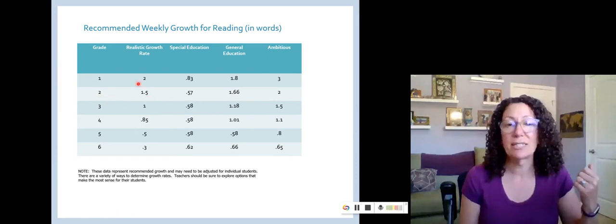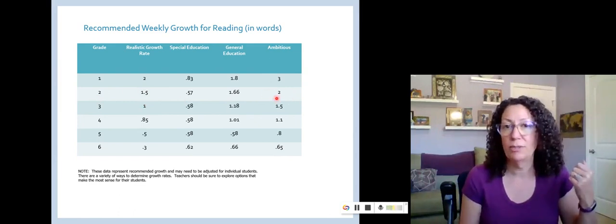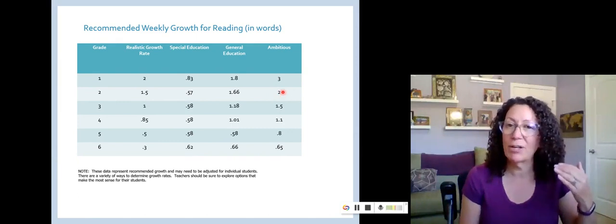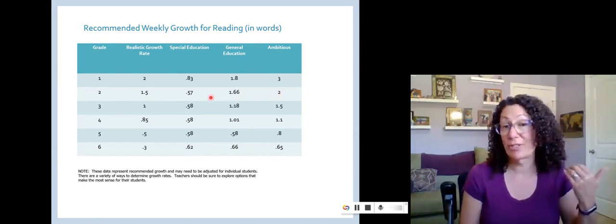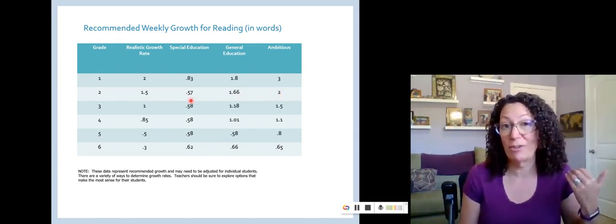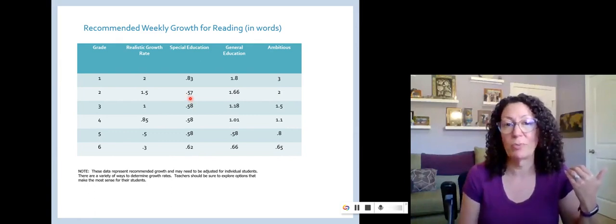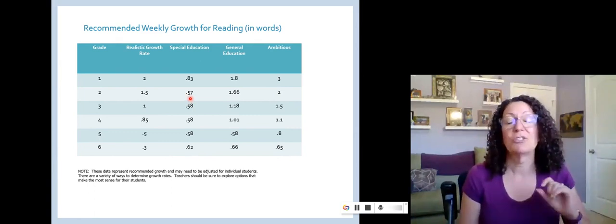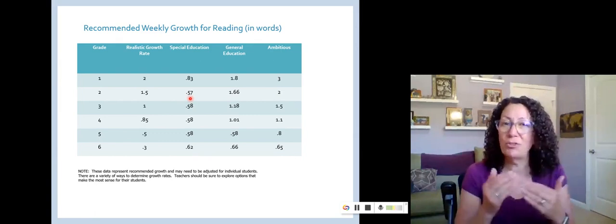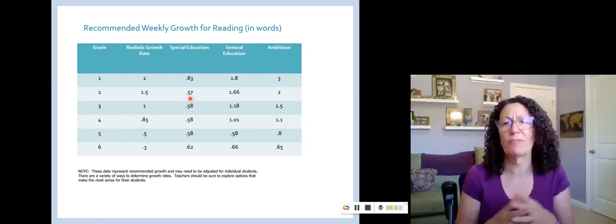It's realistic to think that a second grader can get about 1.5 words per week. It's ambitious to say 2, and ambitious might be a bit hard. On the other hand, in special education, they're getting not even 1 whole word improvement per week. So we want to choose a growth rate that feels appropriate for our kids.